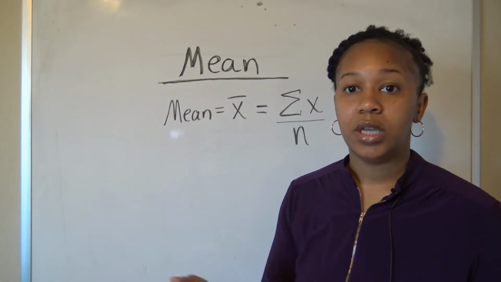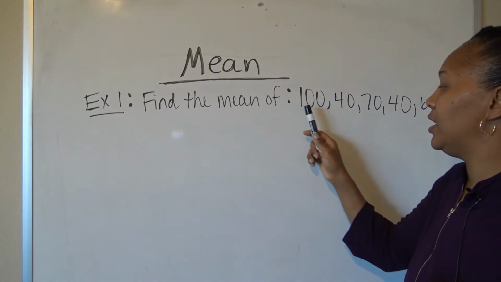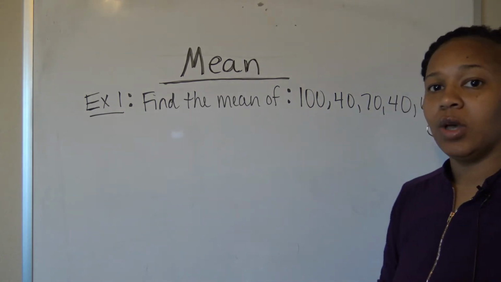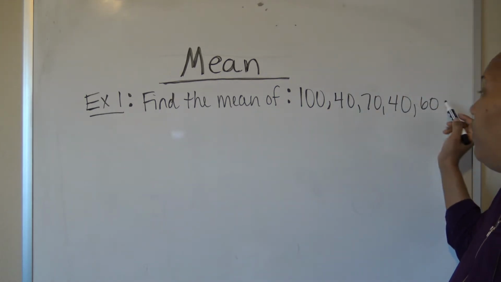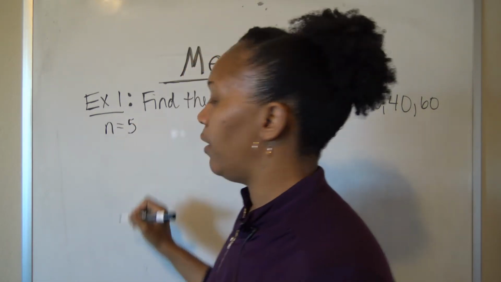Let's look at an example. For this first example, we want to find the mean of this data set that has 100, 40, 70, 40, and 60 in it. First, see how many numbers we have. We have 1, 2, 3, 4, 5 numbers in our data set, so our N will be equal to 5.